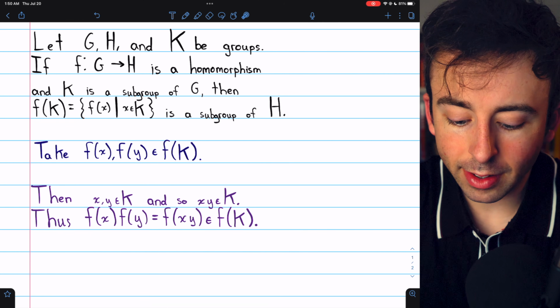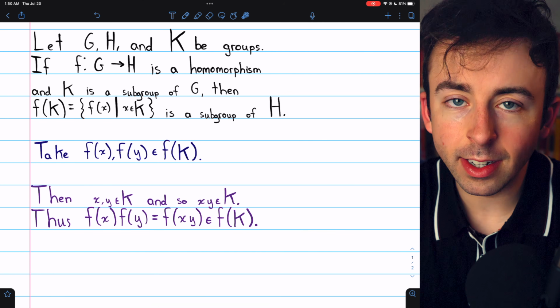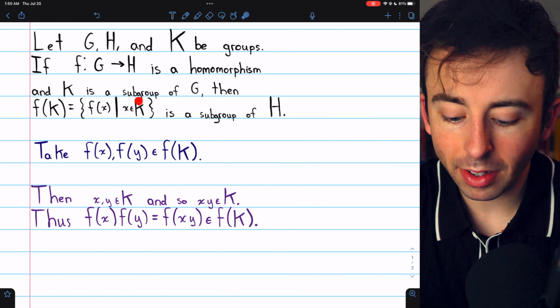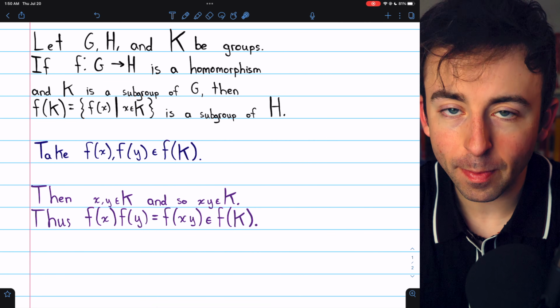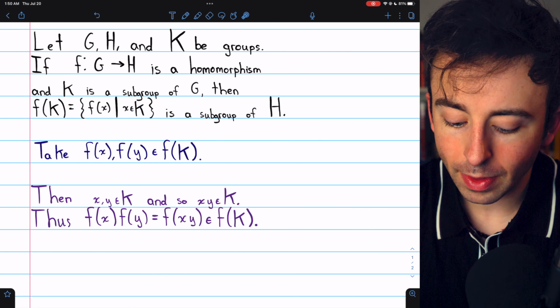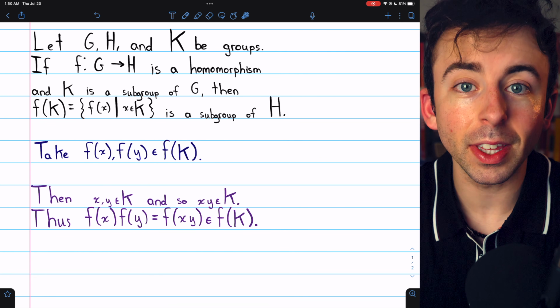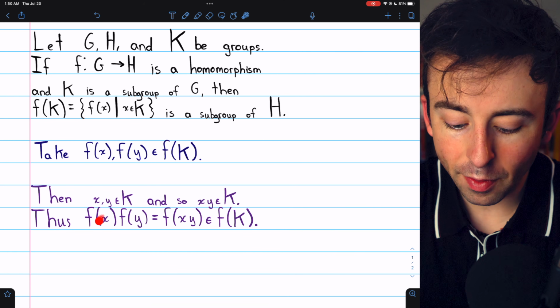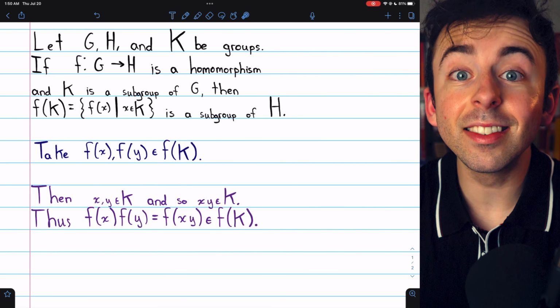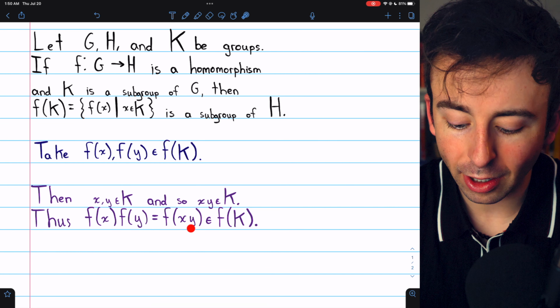Now, if f(x) and f(y) are in f(K), then by definition, x and y must come from the subgroup K. But since K is a subgroup, that means the product xy is also an element of K. Then, f(x) times f(y), since f is a homomorphism, is the same as f(xy).